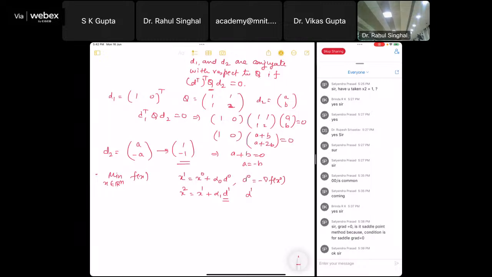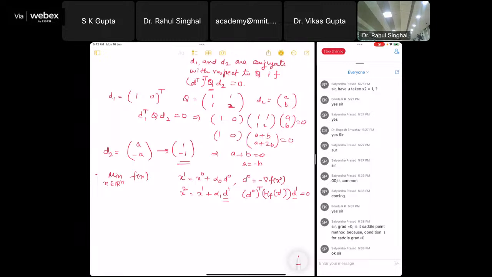I choose d1 such that d0 transpose times the Hessian matrix of f at x1 times d1 equals 0.